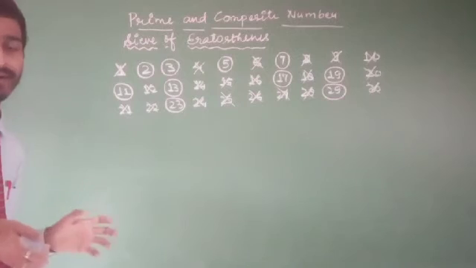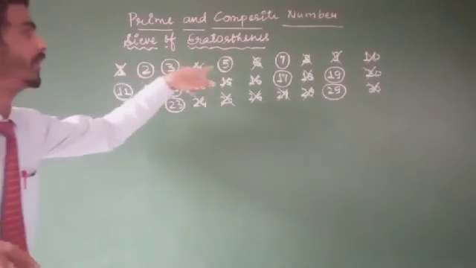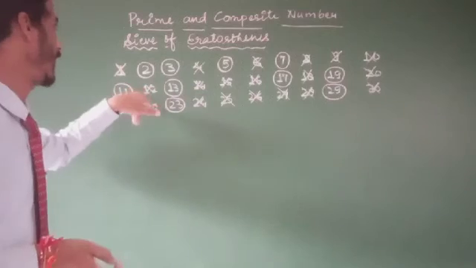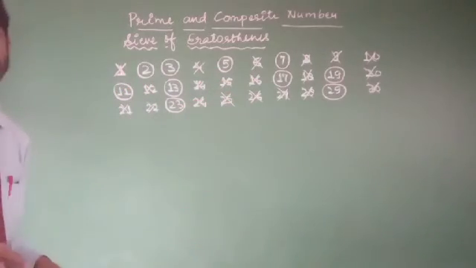And the circled numbers are 2, 3, 5, 7, 11, 13, 17, 19, 23 and 29.